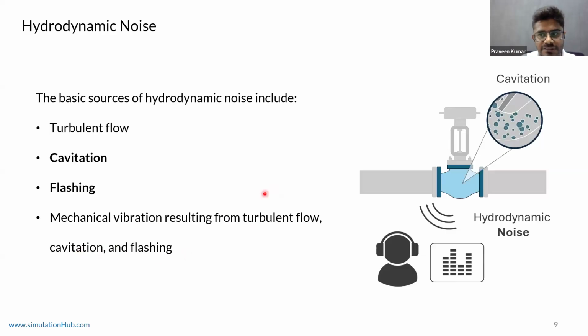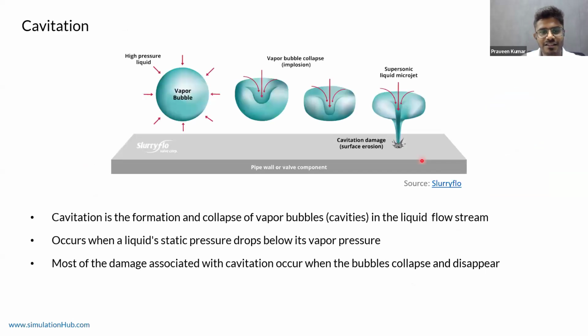So let's take a small detour to understand what cavitation is, so that you can understand the noise better. Cavitation is nothing but bubble formation and the collapse of the bubble.